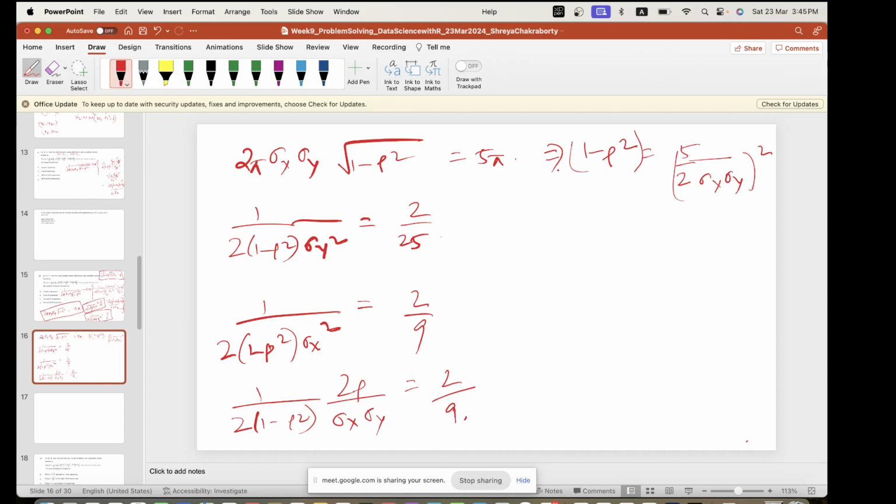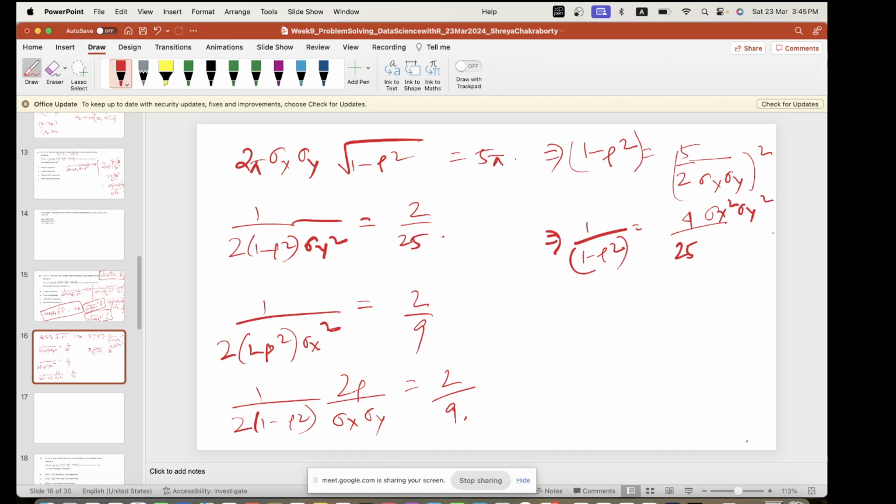Okay, so 1 minus rho square is how much? 5 by 2 whole square by sigma x sigma y whole square. So then 1 by 1 minus rho square would be 4 sigma x square sigma y square by 25.